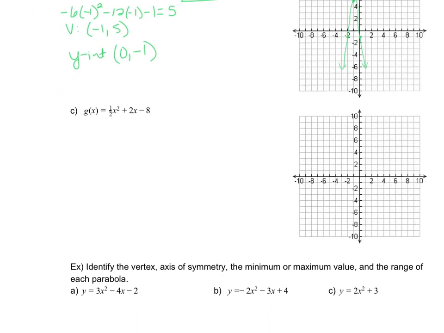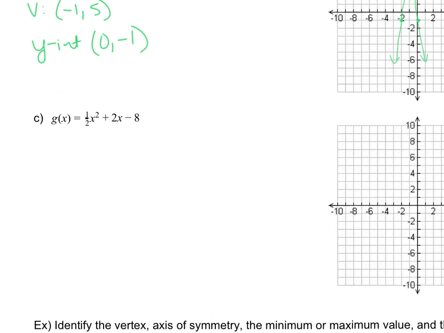Okay, one more graphing. What's going to happen whenever there's a 1/2 out front? Well, it's going to be a little bit wider. So let's find our vertex, of course. So we have negative b over 2a. So this will be negative 2 over 2 times 1/2. So that'll be negative 2 over 2 times 1/2, which is 1. So negative 2. So our axis of symmetry is x equals negative 2.